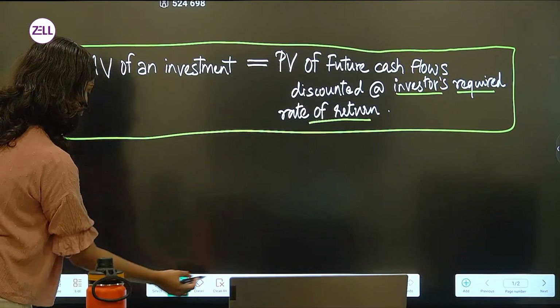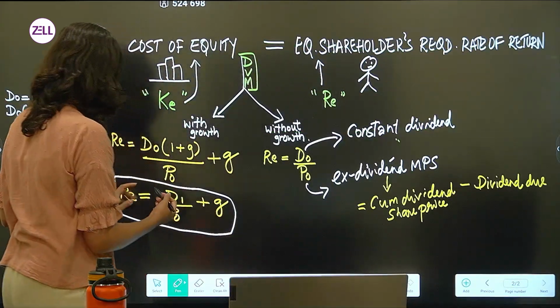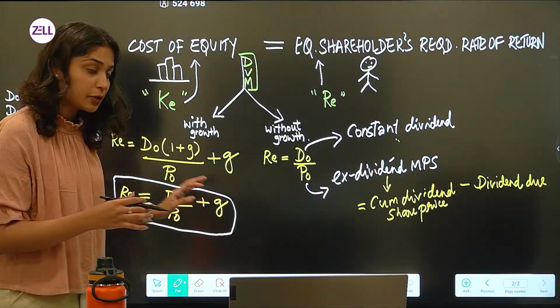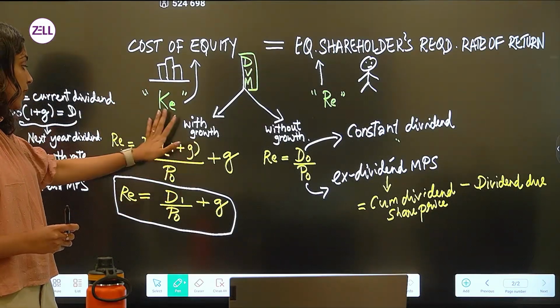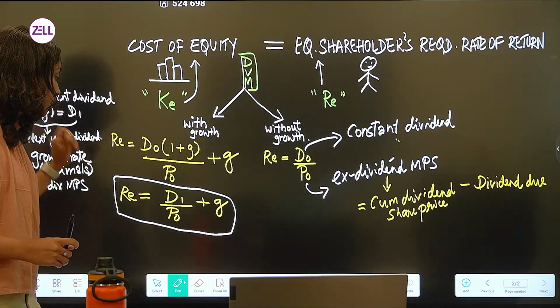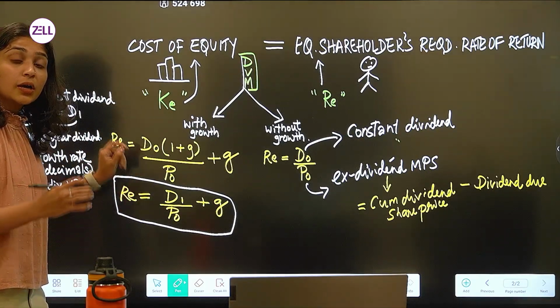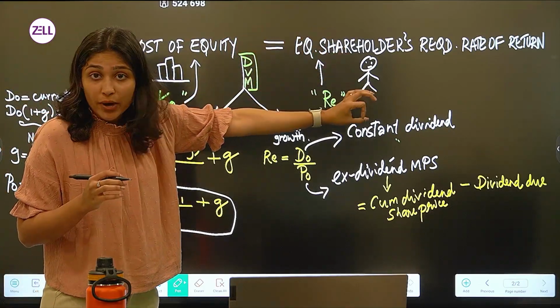We know this formula. So here we calculated using this dividend valuation model the cost of equity or equity shareholders' required rate of return.